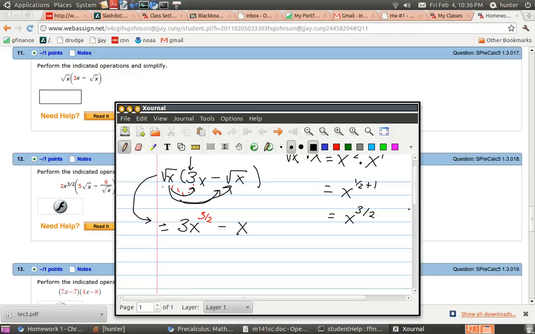Alright, and it says simplify. So how are we supposed to simplify that? I'm not really sure. Let's type in what I've just come up with and see what WebAssign thinks about that.